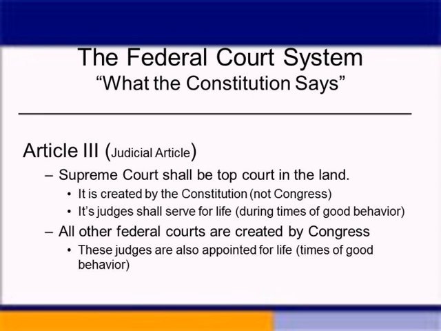Basically what it says is that there will be a Supreme Court. It'll be the highest court in the land. And that any other courts that we have at the federal level in the United States will be created by Congress. And it also says that federal judges shall serve for life during times of good behavior.